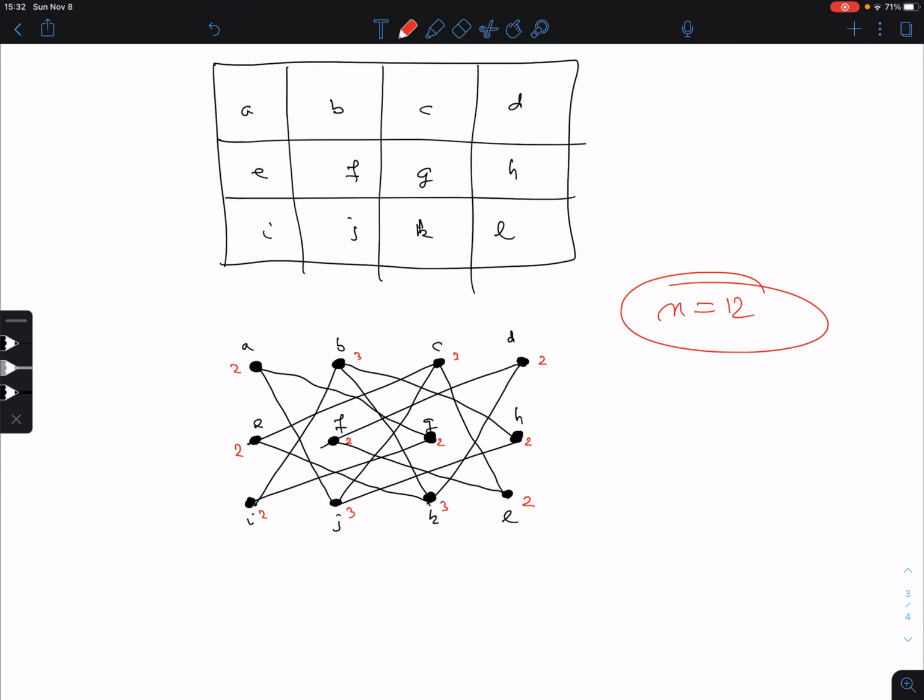A knight's tour means visiting every square exactly once.